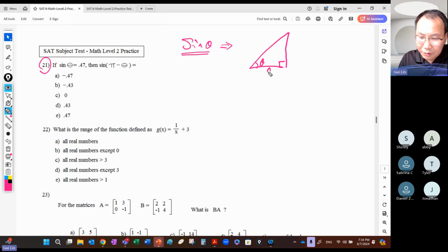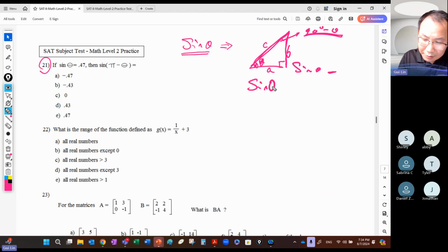Here is A, here's B, here's C. Suppose this is theta, and you know this is 90 degrees, so this part will be 90 degrees minus theta, right? For this part, sine theta is the opposite side to the longest side, right? That's my drawing. Drawing is not good.